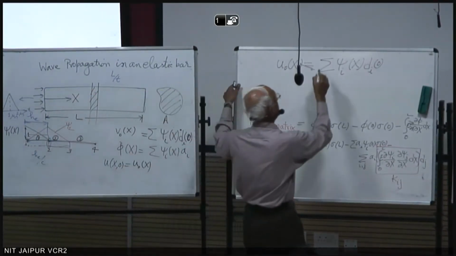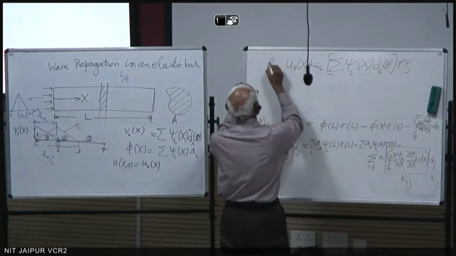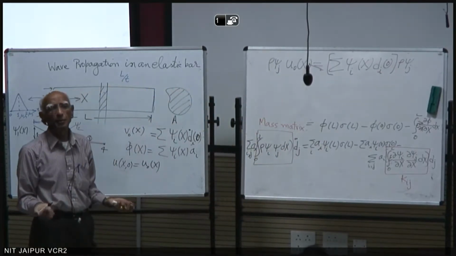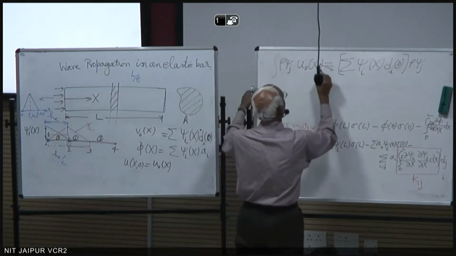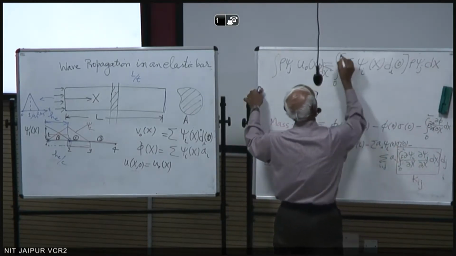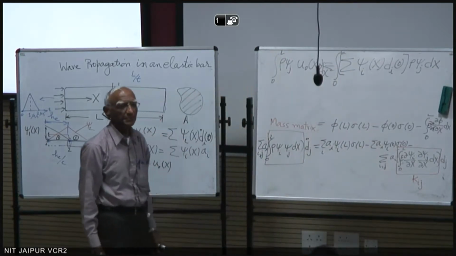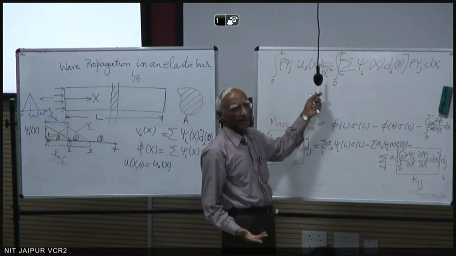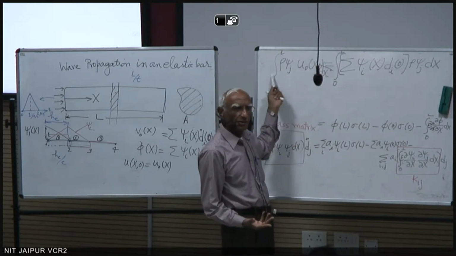So you multiply both sides by rho psi j. There's nothing wrong in multiplying both sides, right? Now you integrate it from 0 to L. This integral we can evaluate because you know the function, you know the basis functions, you know the mass density.